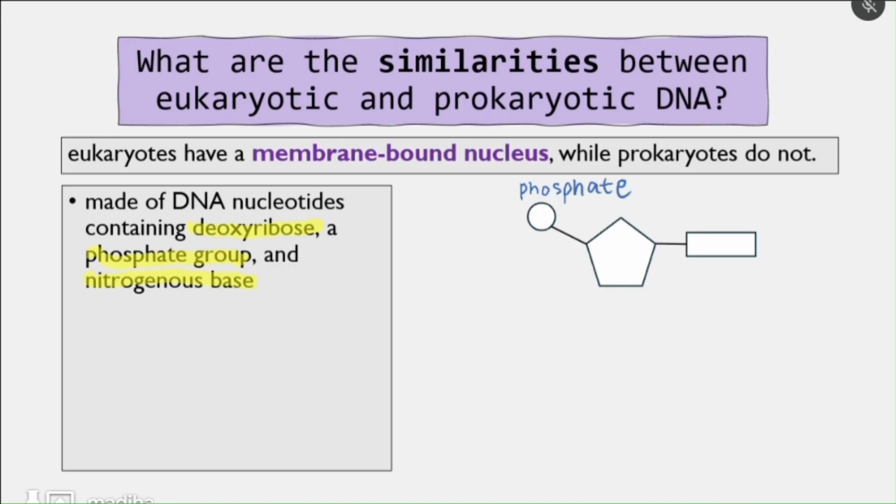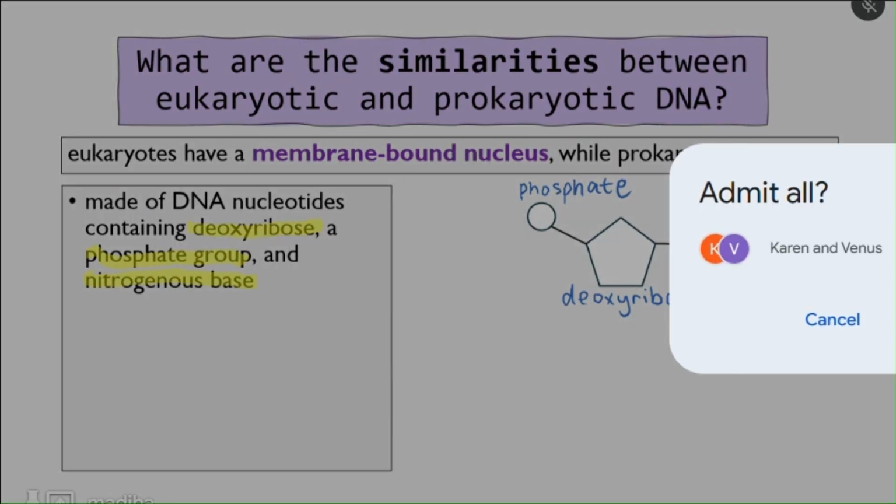We've got the pentose sugar, so this would be deoxyribose. And then we've got the base here. The bases can either be adenine, guanine, cytosine, and thymine. So this is essentially the makeup of a nucleotide.